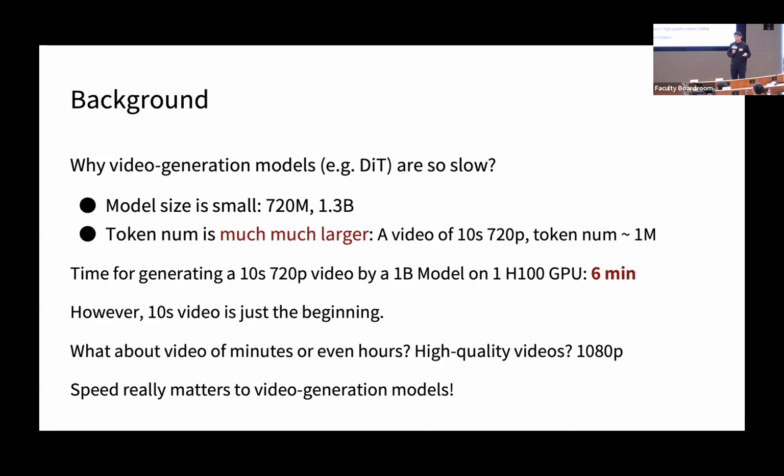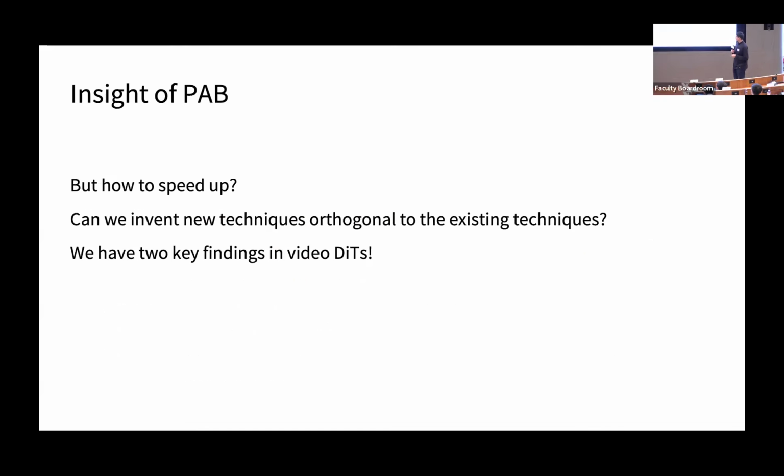So even for this kind of setting, it can take you 6 minutes, right? But I mean that's just the beginning, right? In the future, we may need to generate a video with several minutes and also larger models, right? So now the question is, how can we make it faster and more efficient?